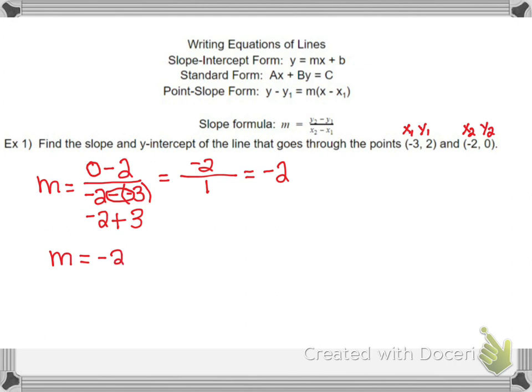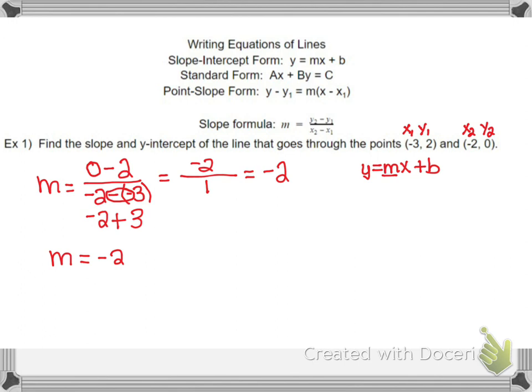So now we need to find the y-intercept. We have the slope, so we can use the slope-intercept formula and just plug in the information that we know. Slope-intercept is y equals mx plus b. Well, I know the slope because we just found it.